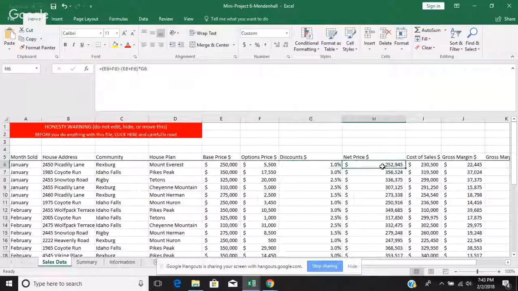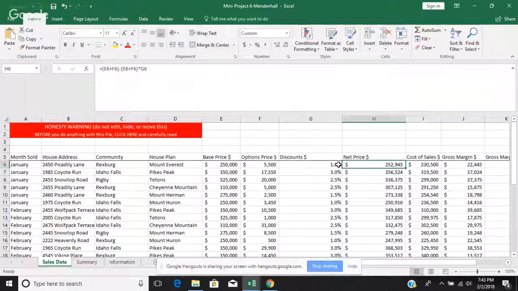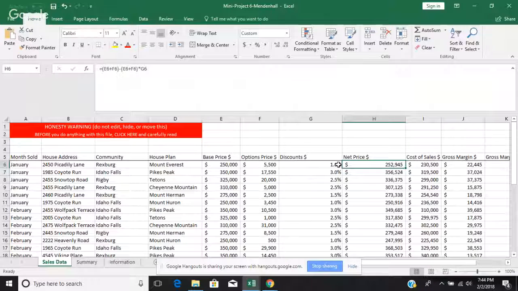And then net price was just E6 plus F6 minus E6 plus F6 times the discount. That took me some finagling to get. E6 plus F6 in parentheses minus E6 plus F6 times the discount.